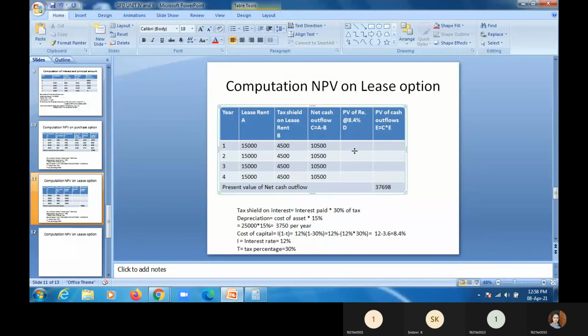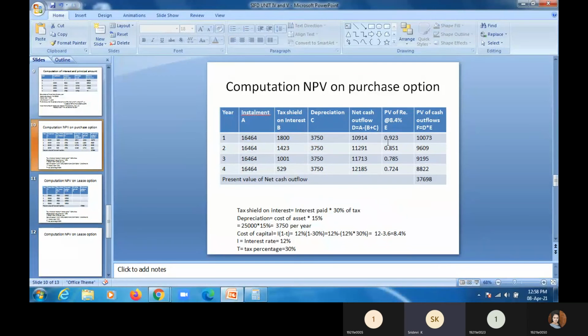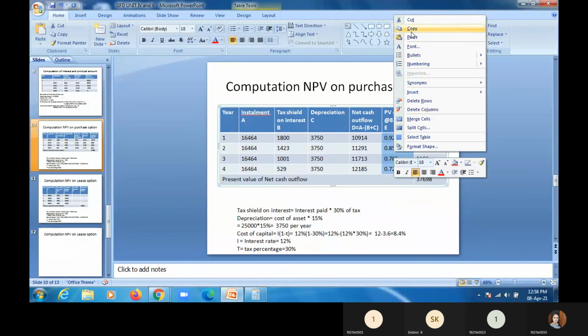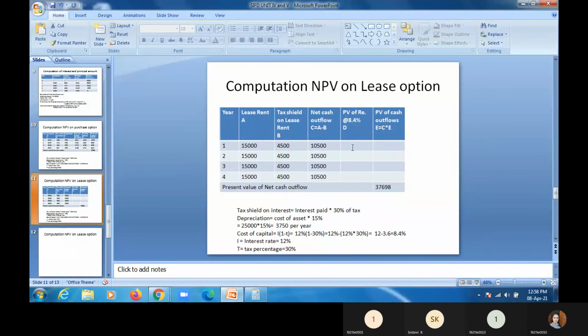10,500. The present value of rupees, again you need not calculate what we have calculated for purchasing, that you copy here and multiply with these values.